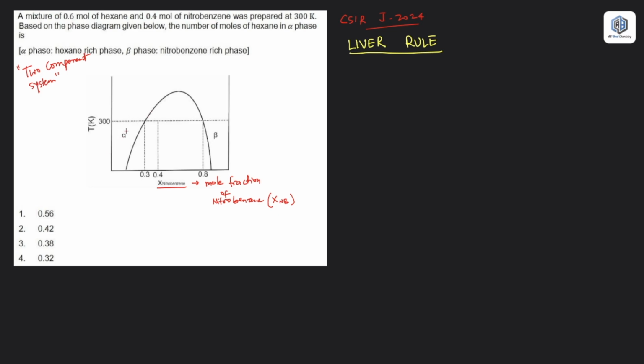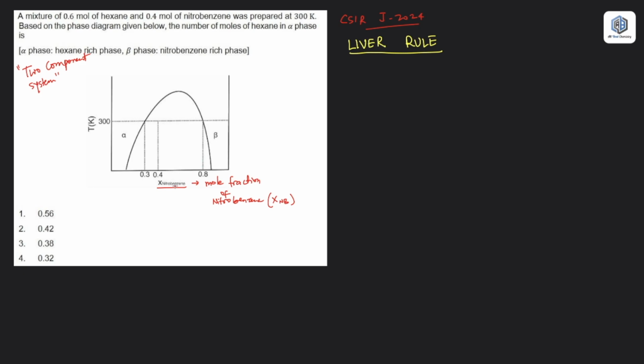So here in this region, outside this solid line, you have the hexane rich phase, meaning you have a lot of hexane over here, and over here you have a lot of nitrobenzene, this is the nitrobenzene rich phase. Now both of these liquids, hexane and nitrobenzene, although they are chemically different compounds, are still going to mix with each other, and they are going to make a two component system.